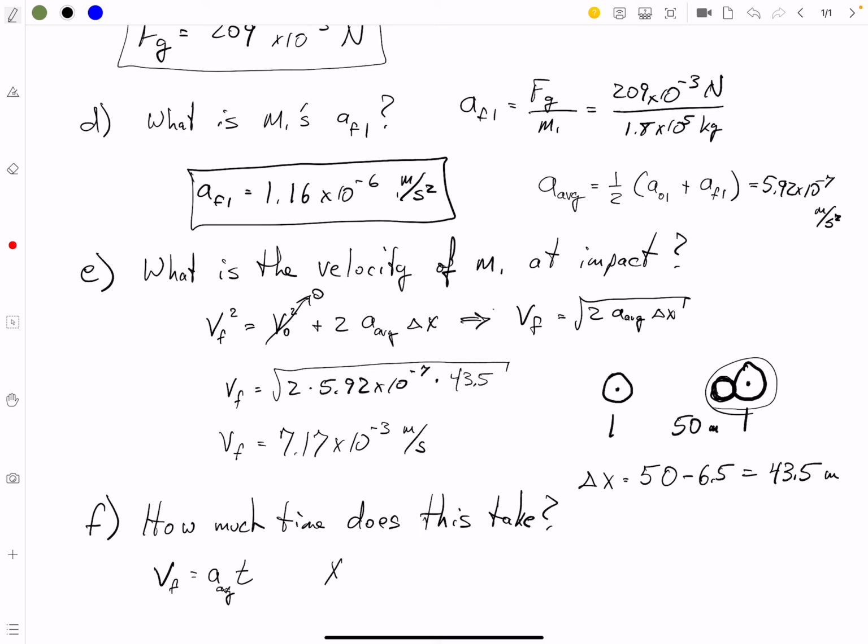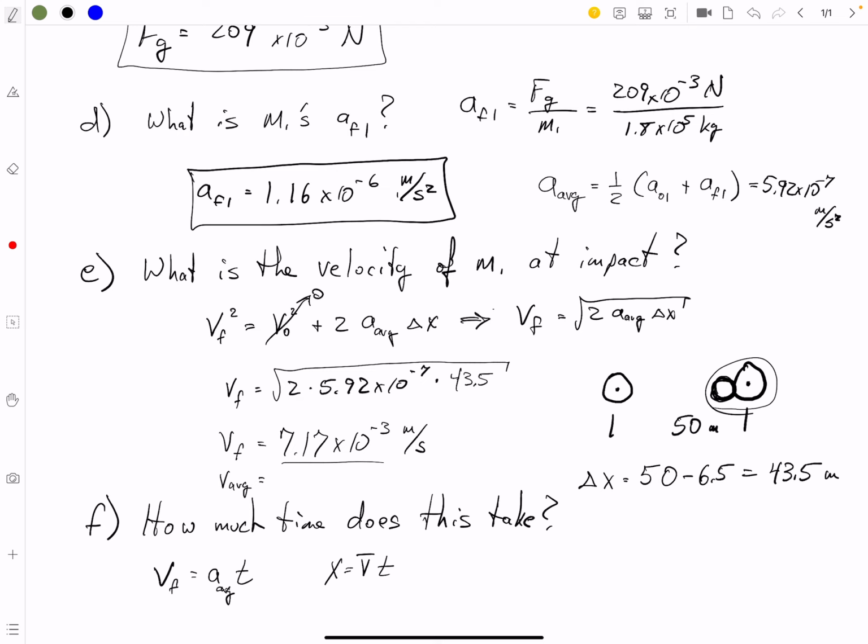We could use x equals vt, but we need the average v. We haven't figured out the average v. Actually, v average would be 0 plus this divided by 2. So that divided by 2, we could easily do that too, but we've already got a average, so let's just use that.